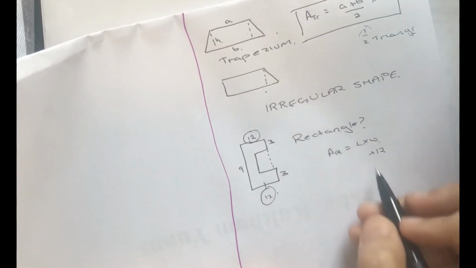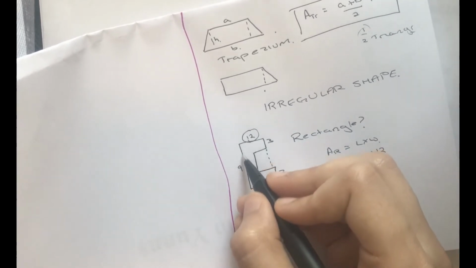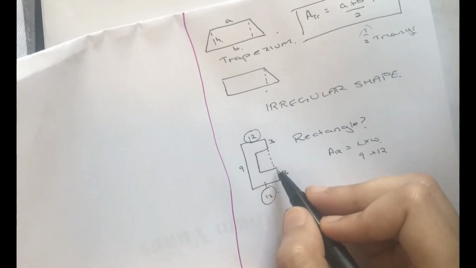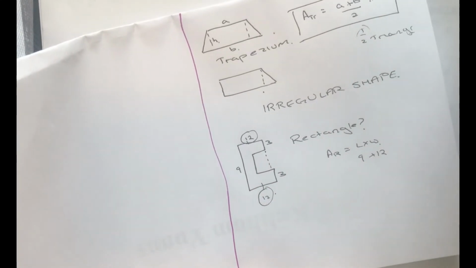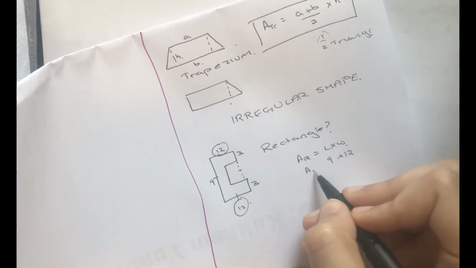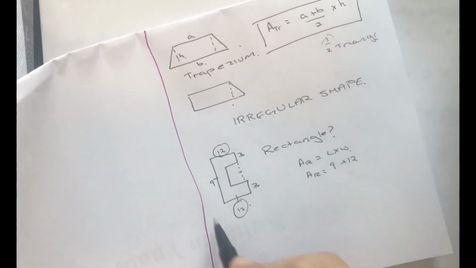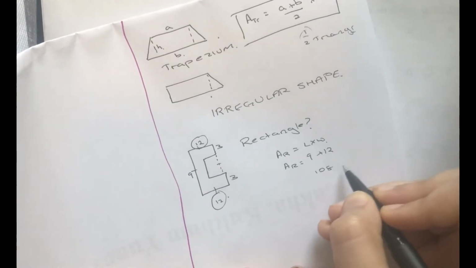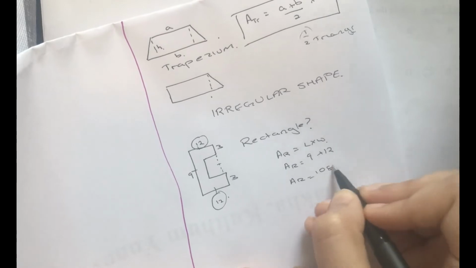Let's circle it. And now the length, that is 9, and this will also be equal to 9, because it's a rectangle and both sides would be equal. So the area of this rectangle is equal to 9 times 12, that is equal to 108 units.